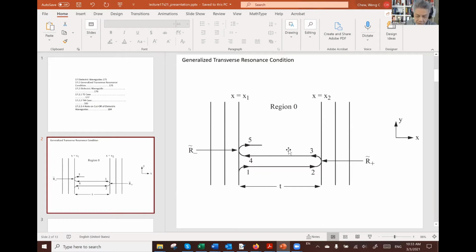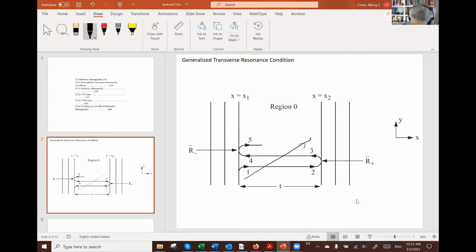So let's revisit the transverse resonance condition. We assume that the wave is guided. So if the wave is guided by bouncing back and forth, usually it will look something like this as it bounces back and forth. There would be a propagation in the z direction or the x direction.